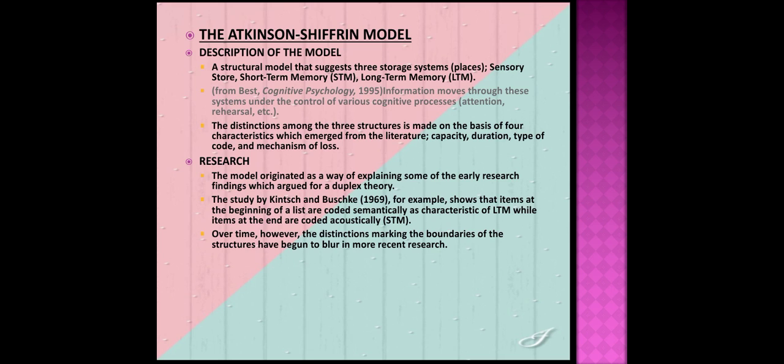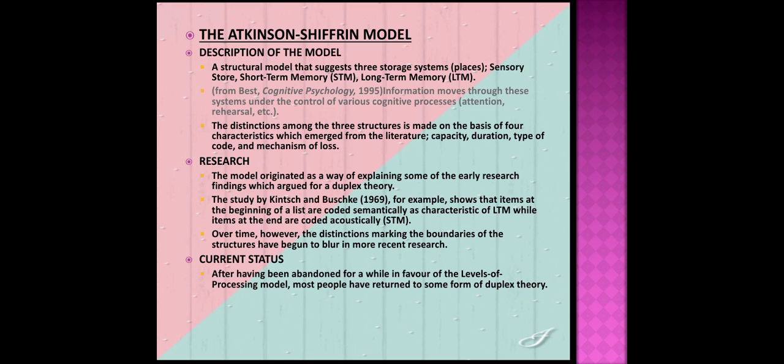Over time, however, the distinctions marking the boundaries of the structures have begun to blur in more recent research. Current status. After having been abandoned for a while in favor of the levels of processing model, most people have returned to some form of duplex theory.